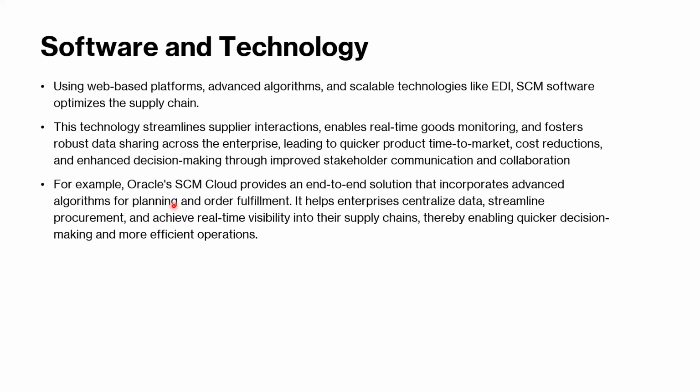So for your organization, for your enterprise, you will need a software system such as an ERP system that contains supply chain as a module, or a separate supply chain management system, so that you will be able to seamlessly manage the entire supply chain business process.